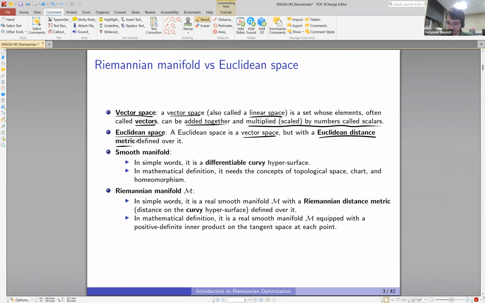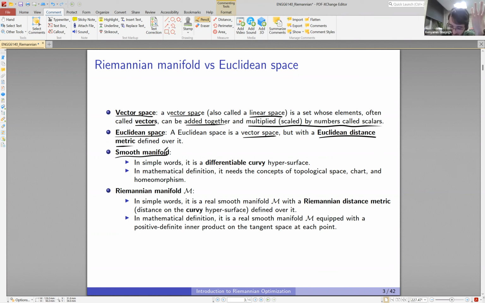And the Euclidean distance metric between 2 points is the length of the line connecting these 2 points together. So the length of this line is called the Euclidean distance, and this Euclidean distance can be calculated by the L2 norm of the vector connecting one of the points to the other one.